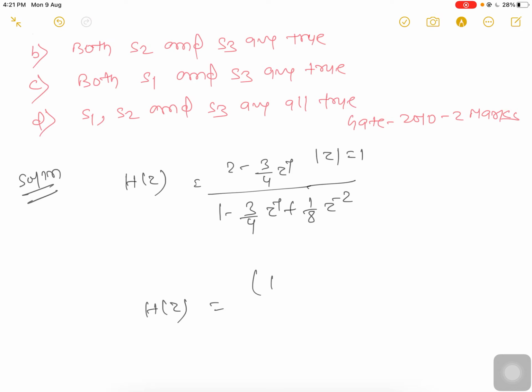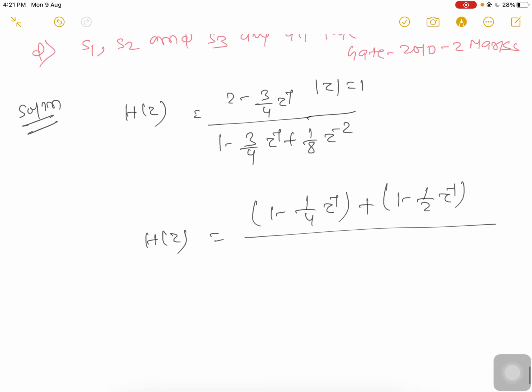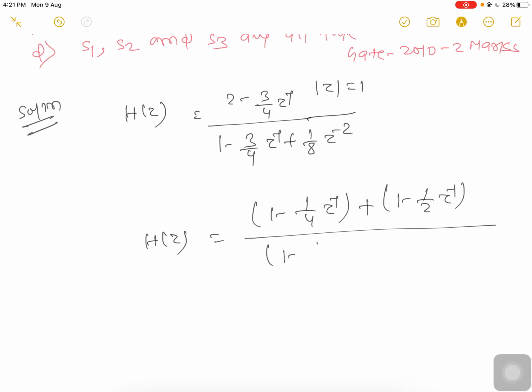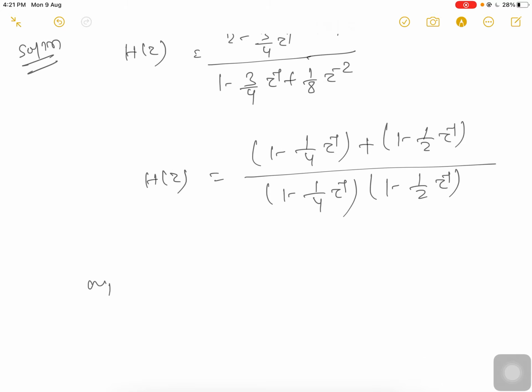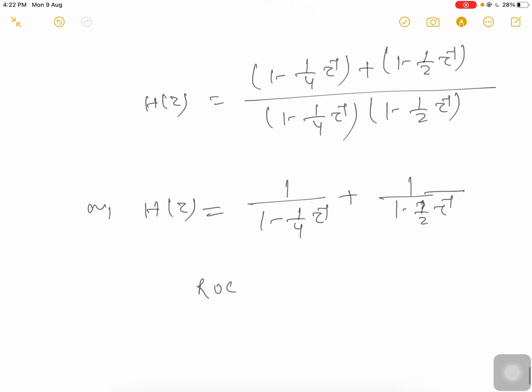Then we can simplify it: 1 upon (1 - 1/4 z inverse) plus 1 upon (1 - 1/2 z inverse).